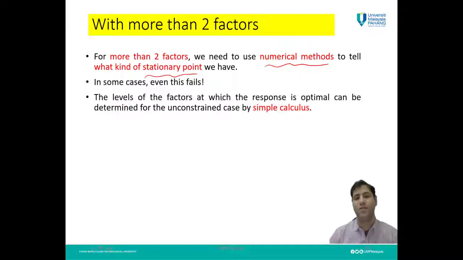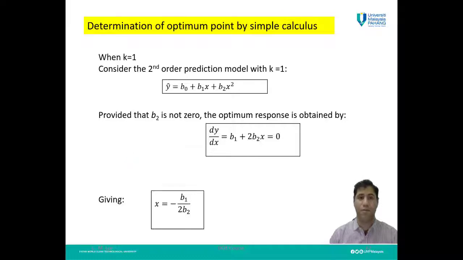The levels of factors at which the response is optimal can be determined for unconstrained cases by simple calculus. So we need to do some mathematical or calculus process to find the optimum point.